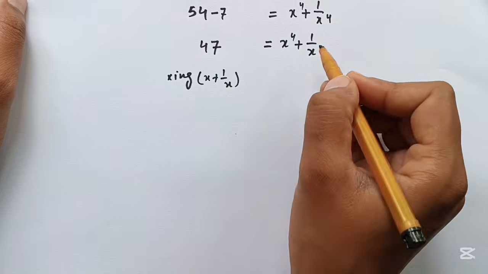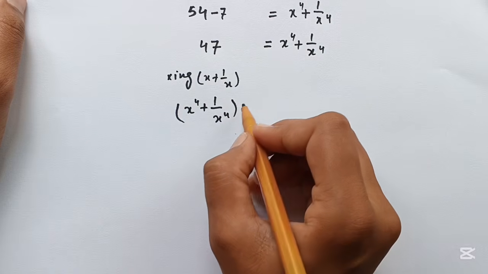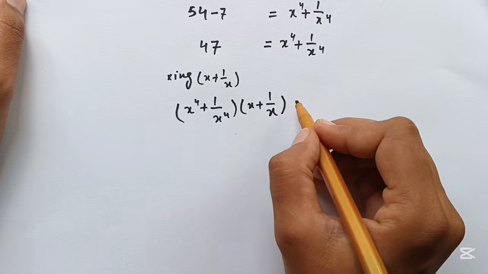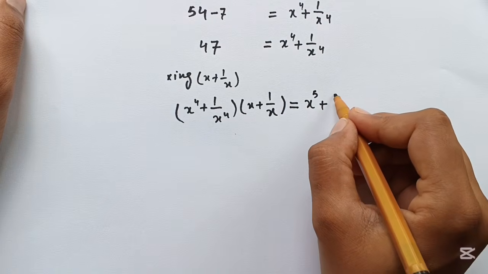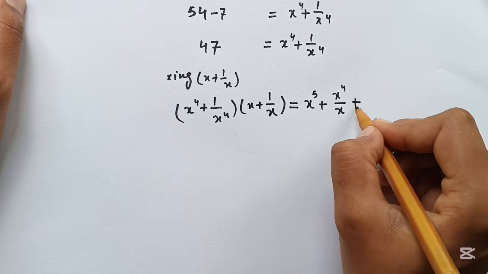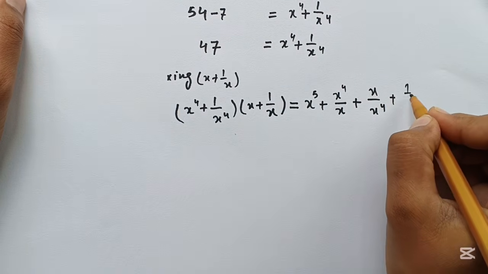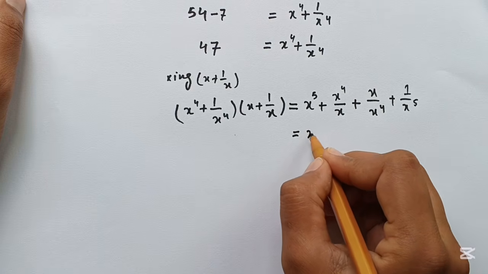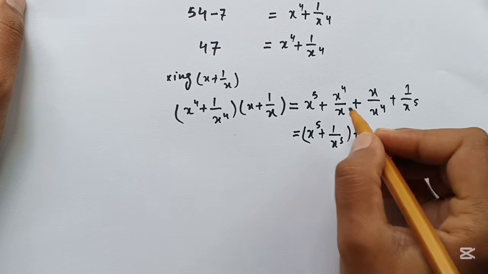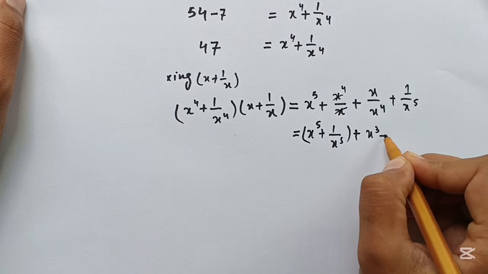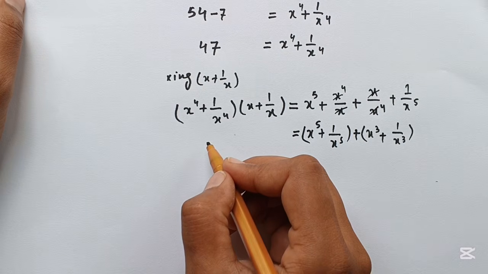So again multiplying x plus 1 over x with x power 4 plus 1 over x power 4. x power 4 plus 1 over x power 4 into x plus 1 over x equal to x power 4 times x is x power 5, plus x power 4 times 1 over x is x power 4 over x, plus 1 over x power 4 times x is x over x power 4, and 1 over x power 4 times 1 over x is 1 over x power 5, which is equal to x power 5 plus 1 over x power 5 combined, plus x cancel and remaining is x power 3, plus x cancel and 1 over x power 3 is combined.